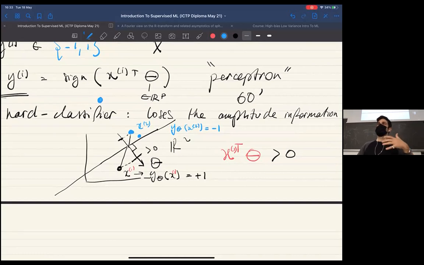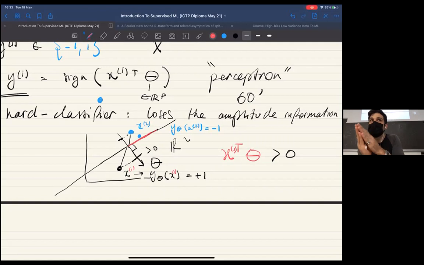So you completely lose the information of how confident your model is on its decision, on its classification. It would be natural to say that if a point is very close to the separating plane here, we should be less confident in the label of this point, right?